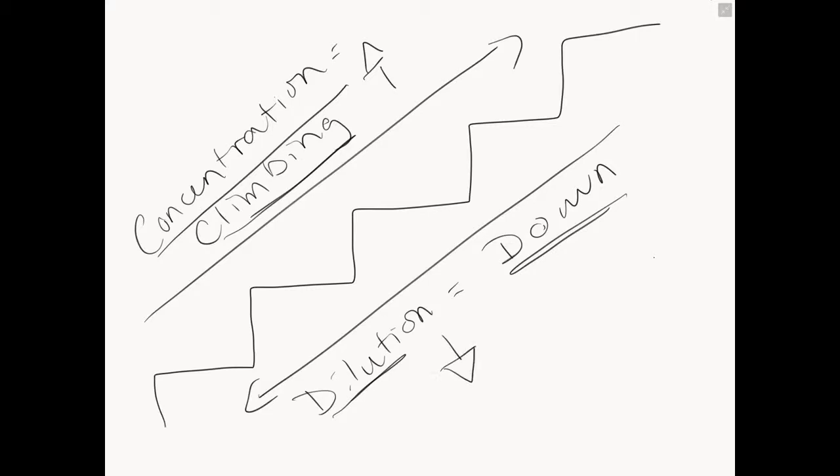So now Linda's going to simplify concentration in terms of a little prop we have here. Sitting in front of me, we have two bottles. One is concentrated and one is dilute. We've added Kool-Aid to make this one concentrated, right? And this one has a low concentration of Kool-Aid, so it is dilute.